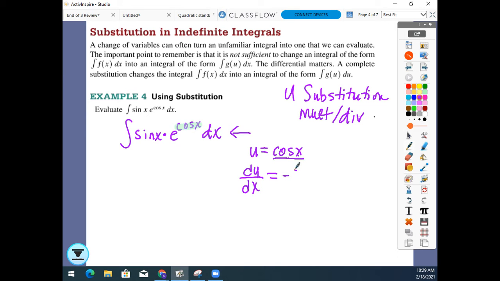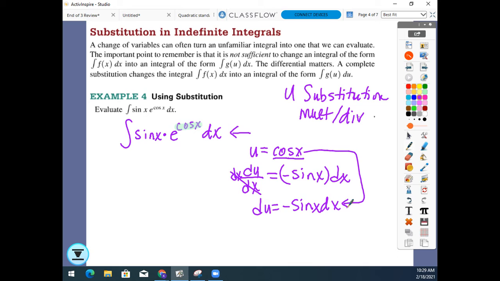The derivative of cosine is negative sine. I want just du on this side, so I'm going to multiply both sides by dx. This is the only time this is going to look this way. Typically, I'm going to go from this step straight to this step, but this is why it looks like this.